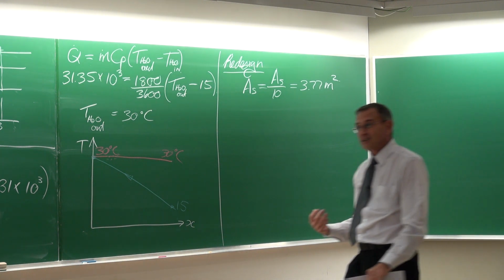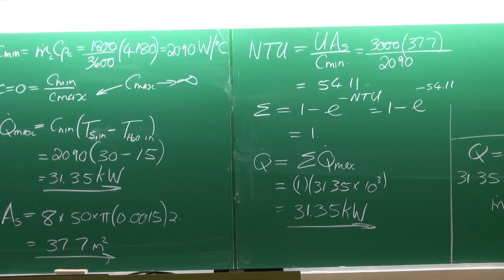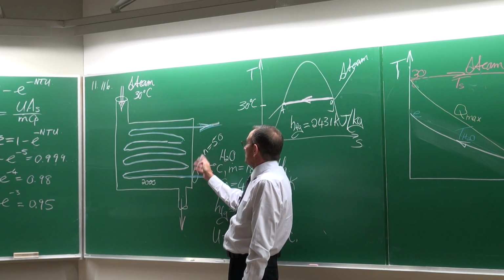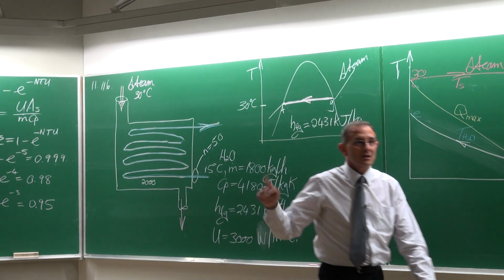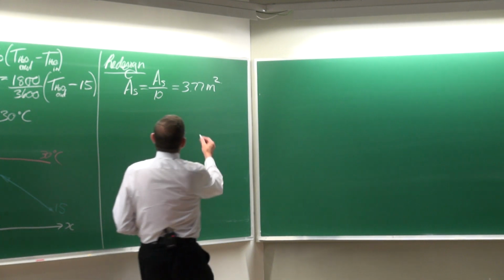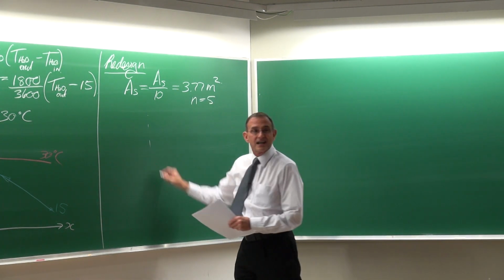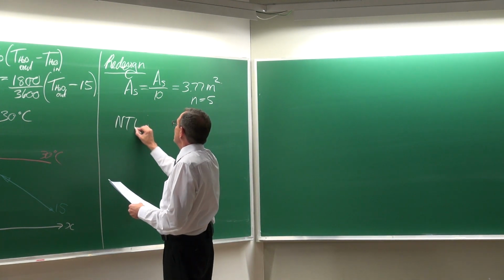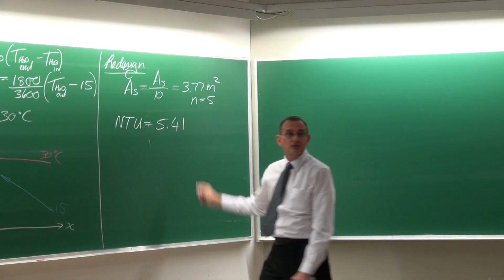How can we do that? Well, in terms of this number of tubes, 50 of them, we can make it 5. Okay, just to start with. So let's make n equal to 5. And then you can go through exactly the same calculations, and you're still going to get the NTUs, is then of course going to be 5.4 for 1.